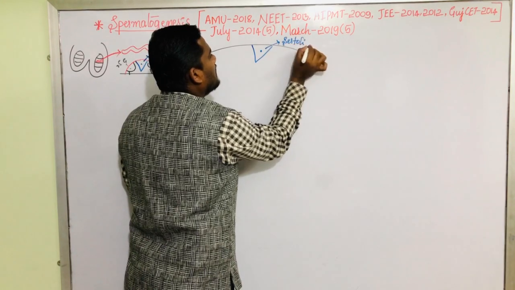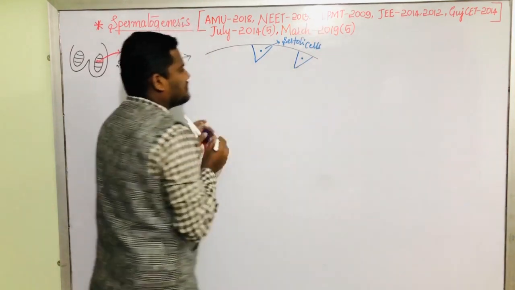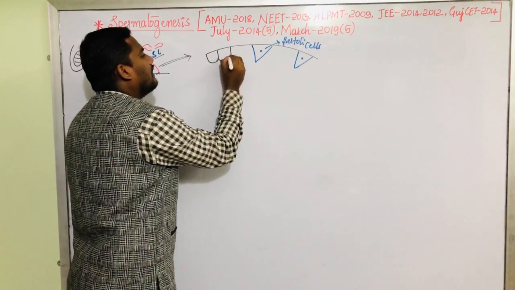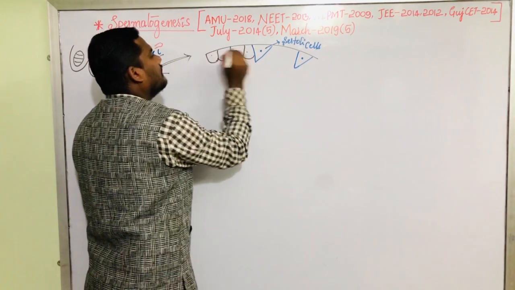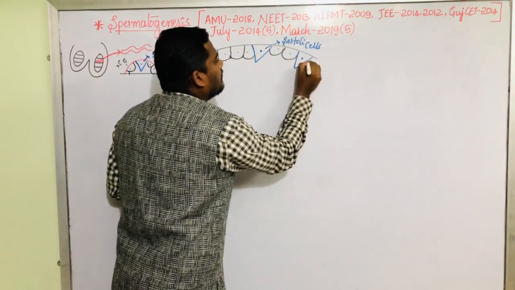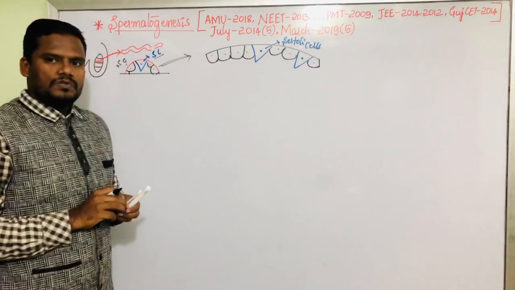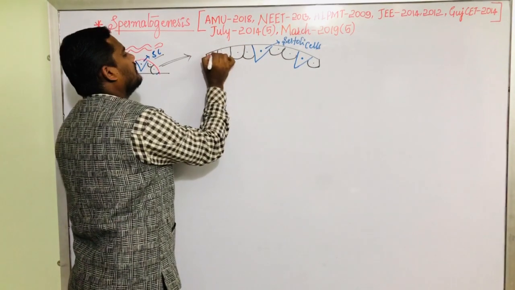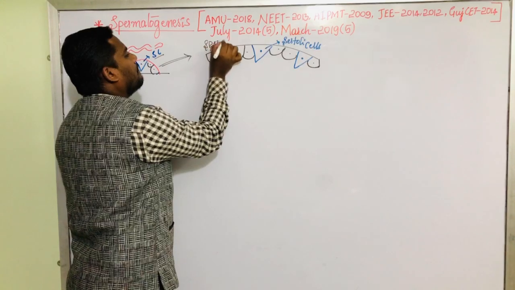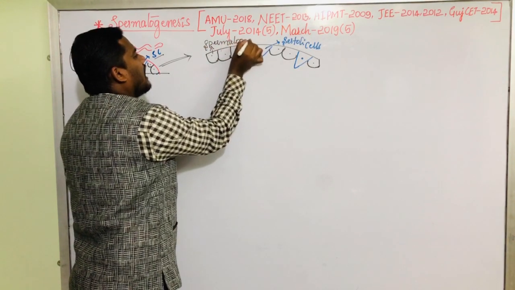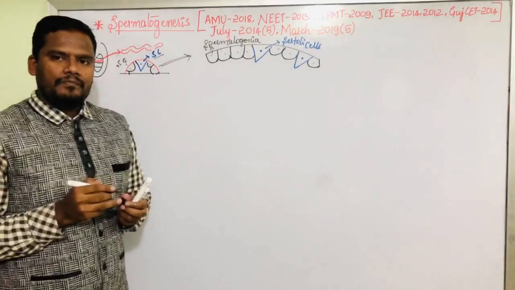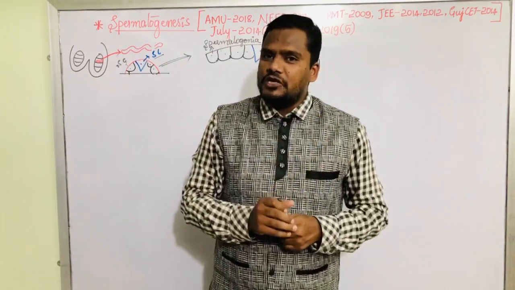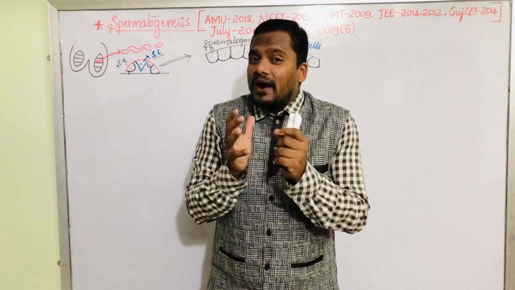Whereas one more kind of cells that we have are the spermatogonia cells.